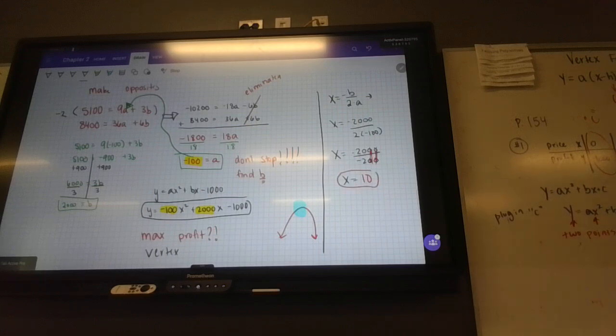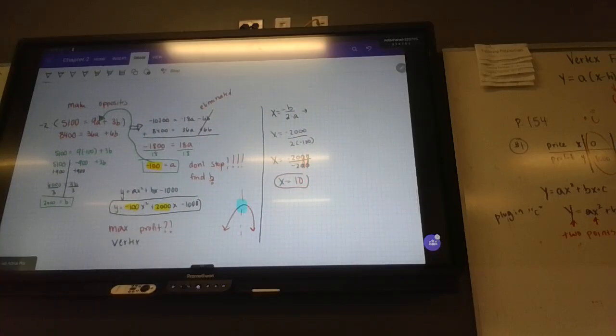It looked like right about here. You were right. It's 10. I just did the math. $10 is what this band wants to sell, and their profit's going to be just above 8,900. I found that by thinking, what would the axis of symmetry be? So now I have to plug in 10.